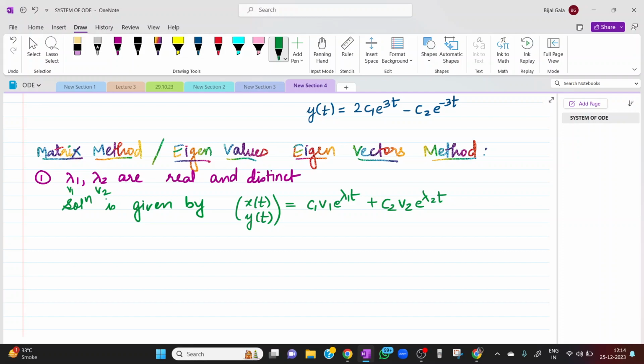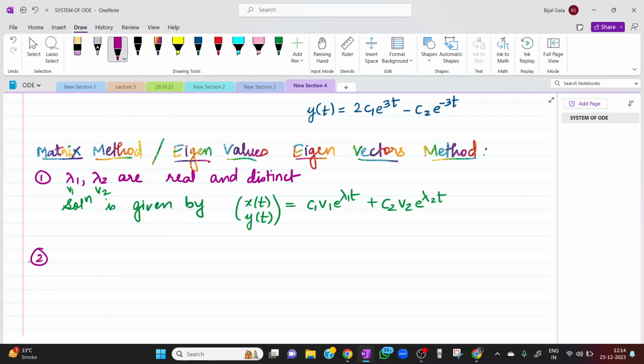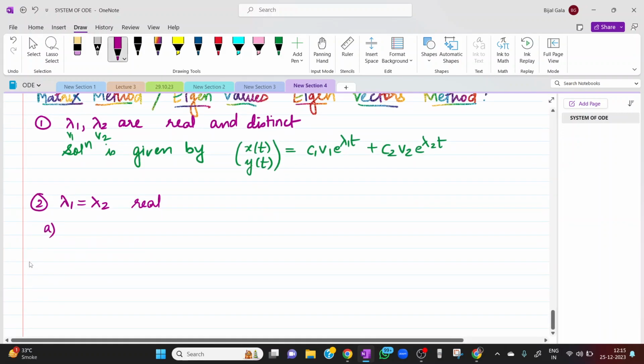Case number 2: lambda 1 is equal to lambda 2, but both are real numbers. This is divided into two subcases. Subcase number 1, where we get only one eigenvector.